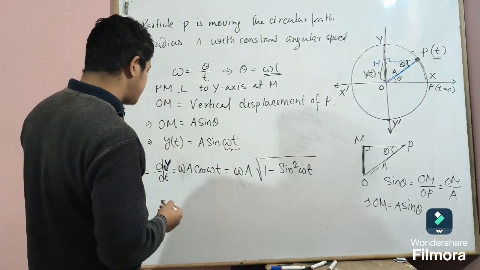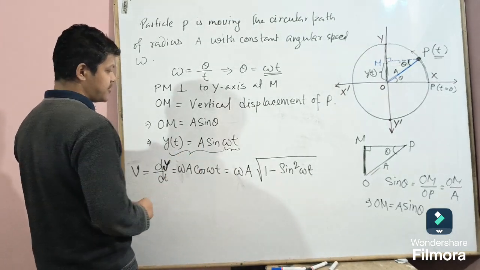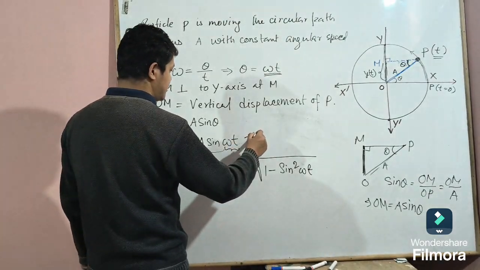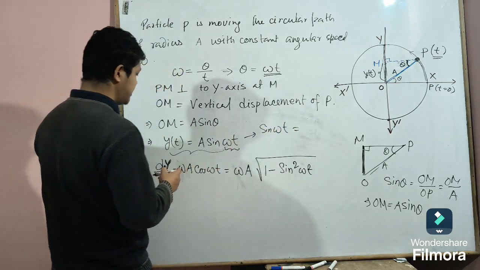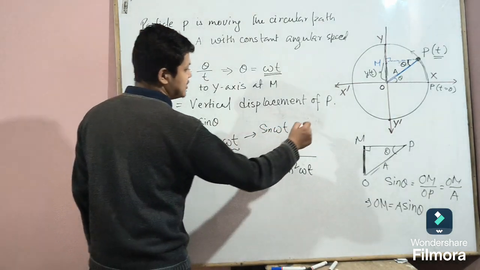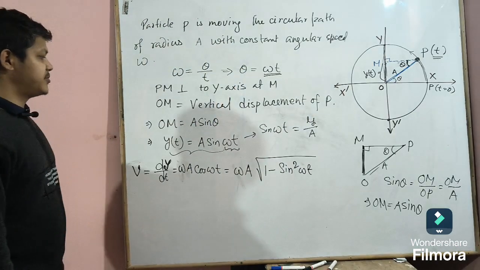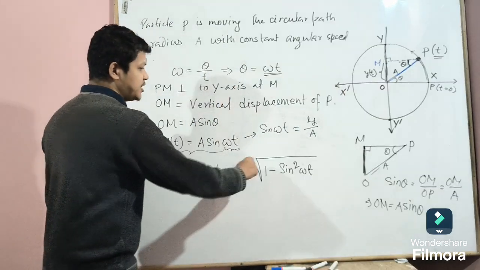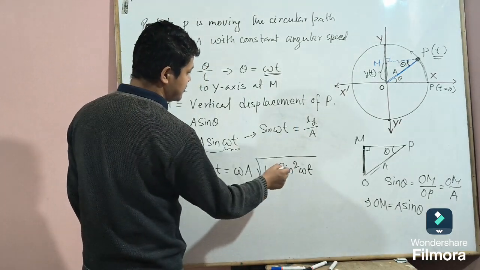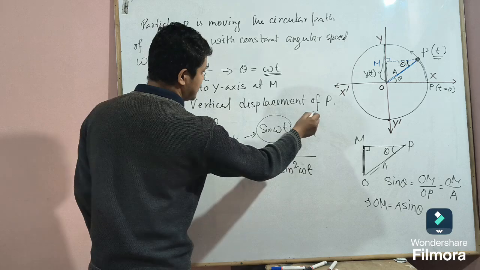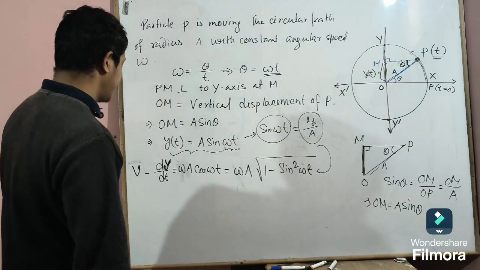So now you see, from this relation, sine omega t is y by A, right? If you put this value of sine omega t, that is y by A, here, then what are you going to have?